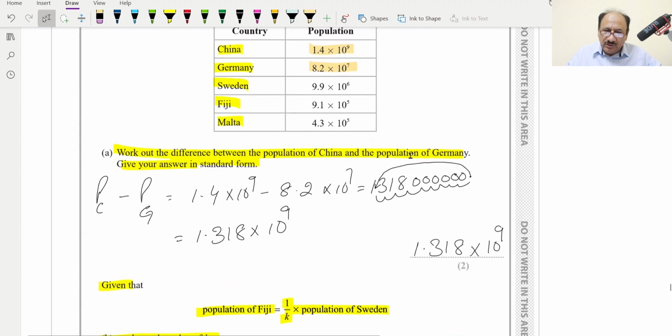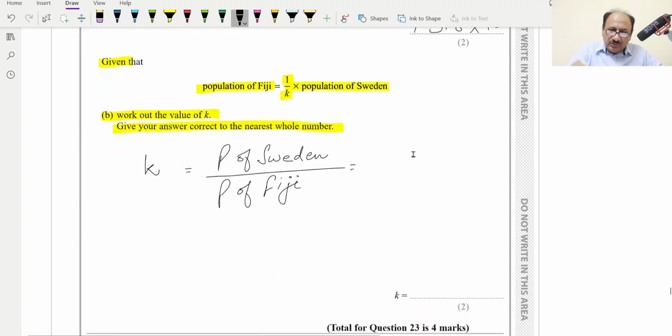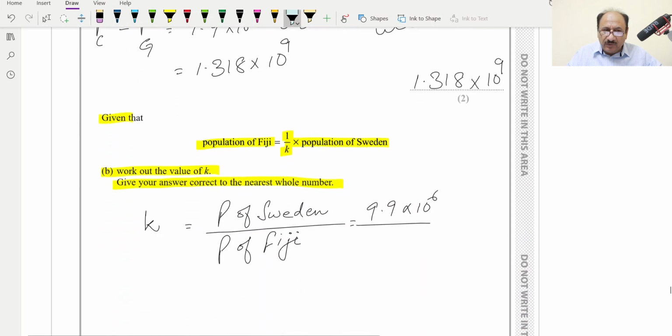So now we can write their numbers. Population of Sweden is 9.9 into 10 raised to the power 6. So this will be 9.9 into 10 raised to the power 6, and this will be divided by population of Fiji, which is 9.1 into 10 raised to the power 5.